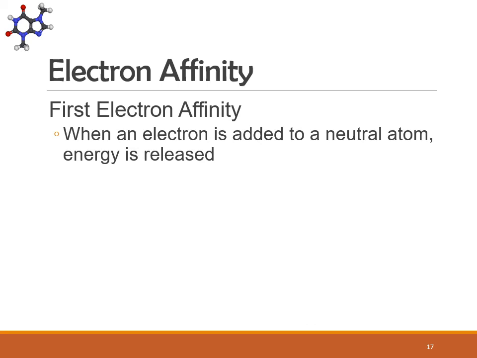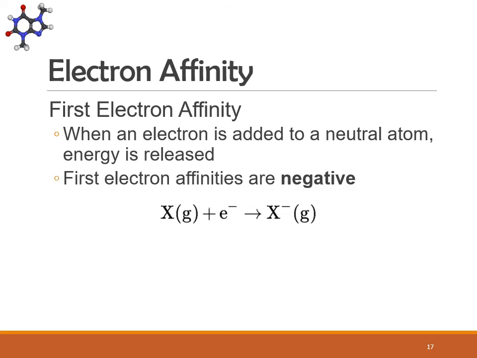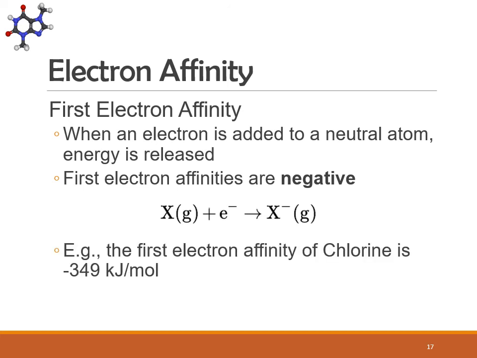The first electron affinity is exothermic, so first electron affinities have negative values. By convention, the negative sign shows a release of energy. For example, the first electron affinity of chlorine is minus 349 kilojoule per mole.